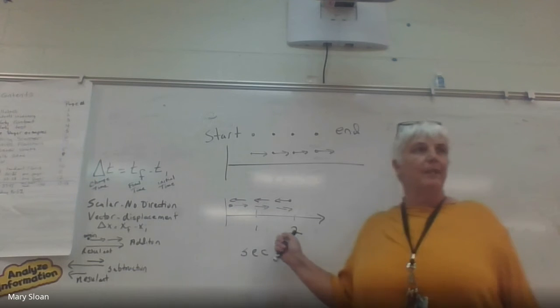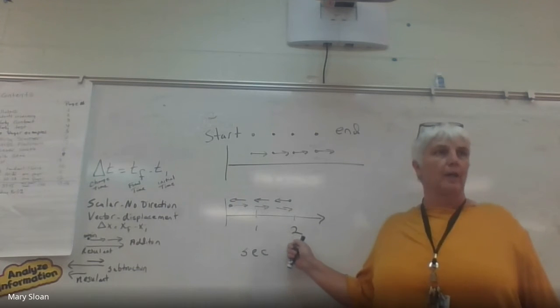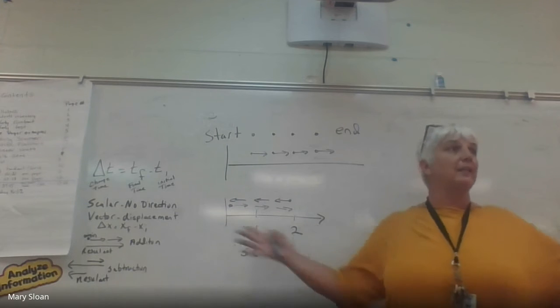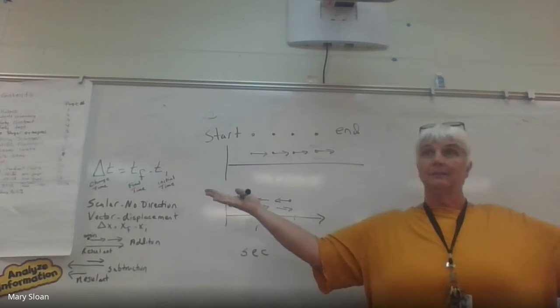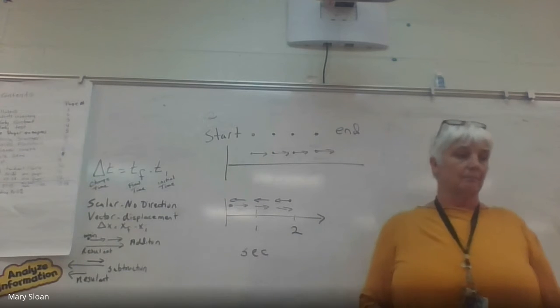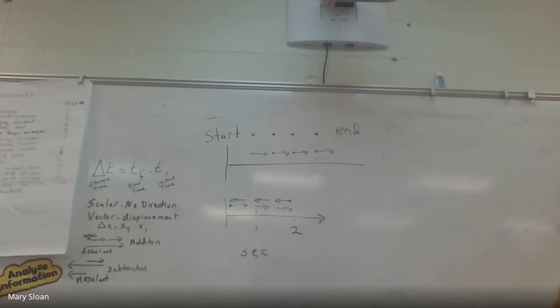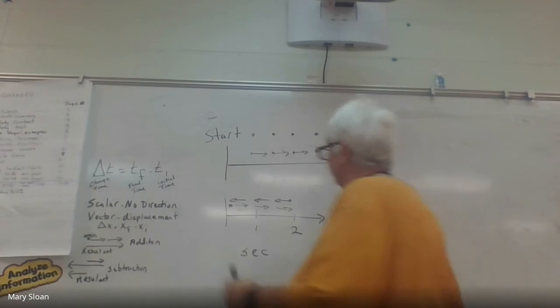Does anybody have any questions on why you draw it this way? Because it tells us they don't start at the same place and they end somewhere different, right? Everybody understand? Okay. So let's look at number 9. The motion diagram of a boy walking to school is below. All right, you ready?